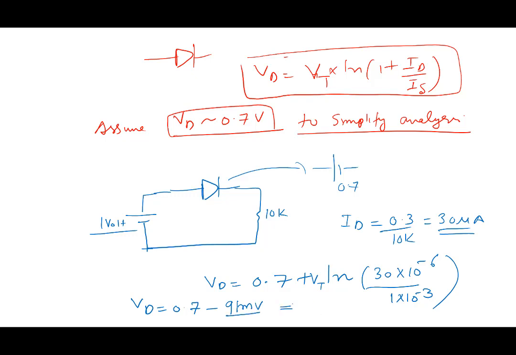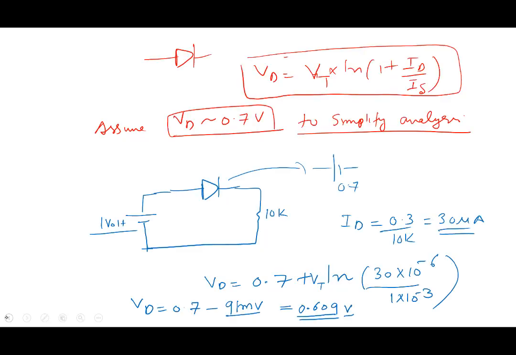So 0.7 minus that turns out to be 0.609 volt. Does it make sense? Because I have lesser current here, 30 microamperes. Lesser current means, look at this relationship between VD and ID, I have lesser diode voltage.